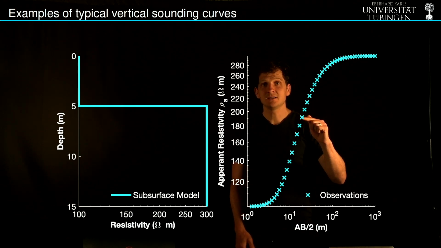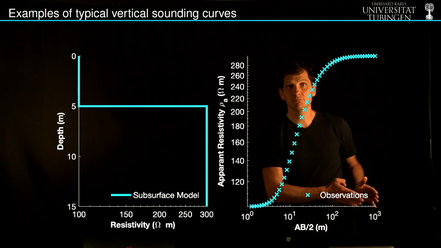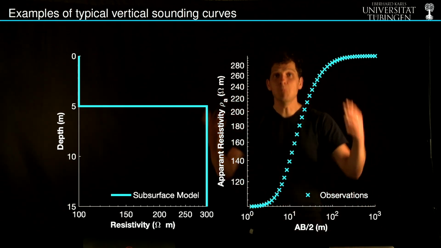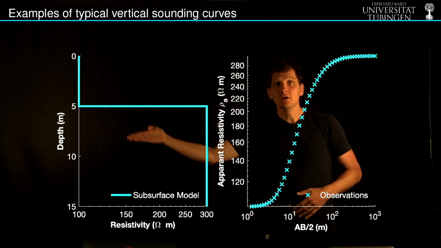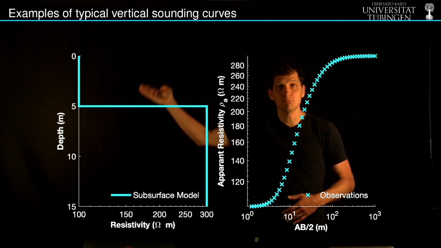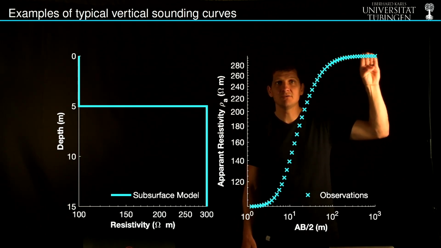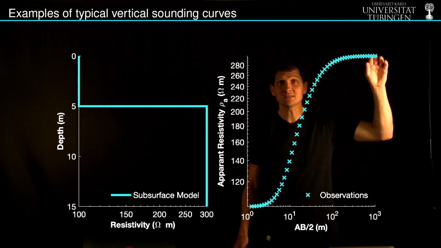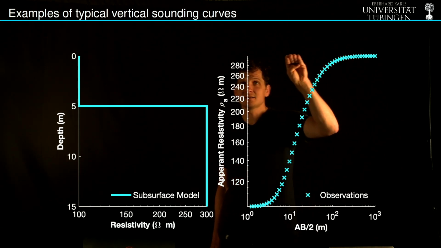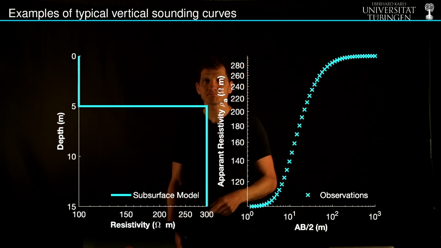Okay, and then we go to the other end of the spectrum. We have very, very large distances now between A and B, meaning that most of the currents go through the deepest layer. Okay, there will be a small part still going through the shallower layer, but most of it goes through the deeper layer, and this is why this apparent resistivity profile plateaus. And where does it plateau? Well, it plateaus at the true resistivity of the deepest layer. Okay?